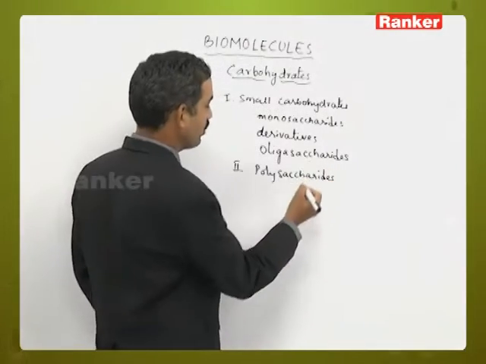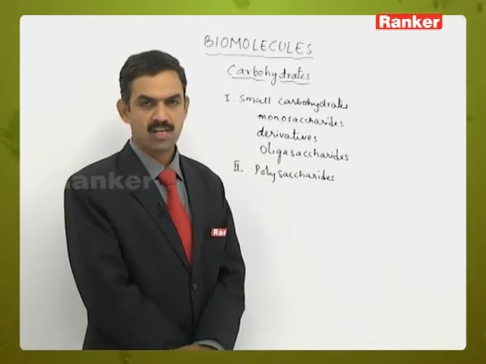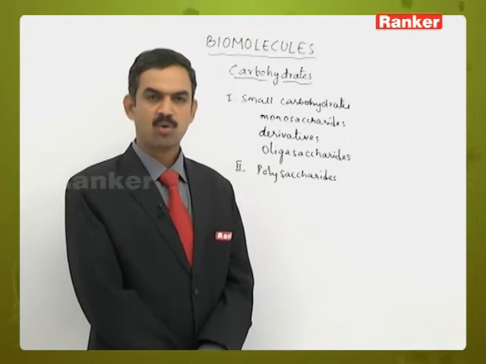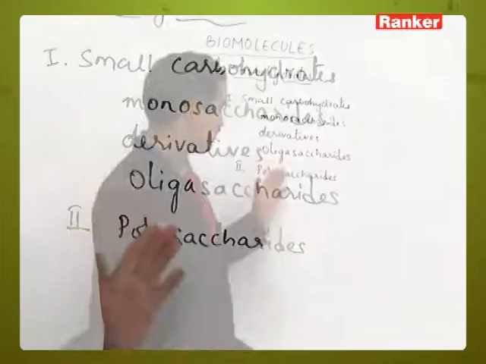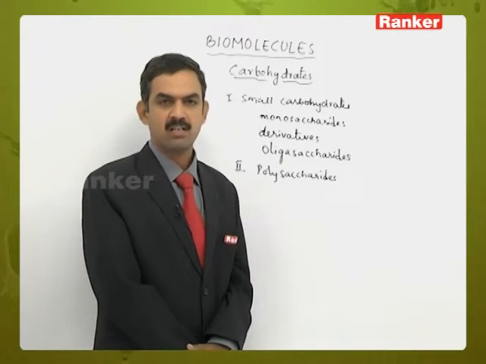The difference between oligo and polysaccharides is that oligosaccharides contain 2 to 9 monosaccharide groups, while polysaccharides contain at least 10 or more individual repeated units. So that small difference can be observed between the oligosaccharides and the polysaccharide molecules.